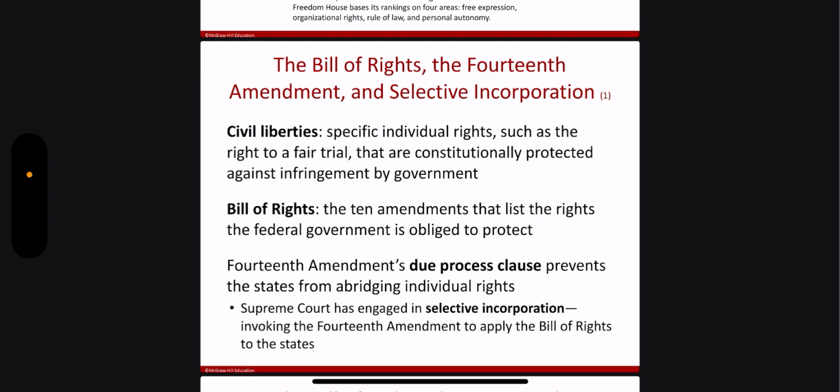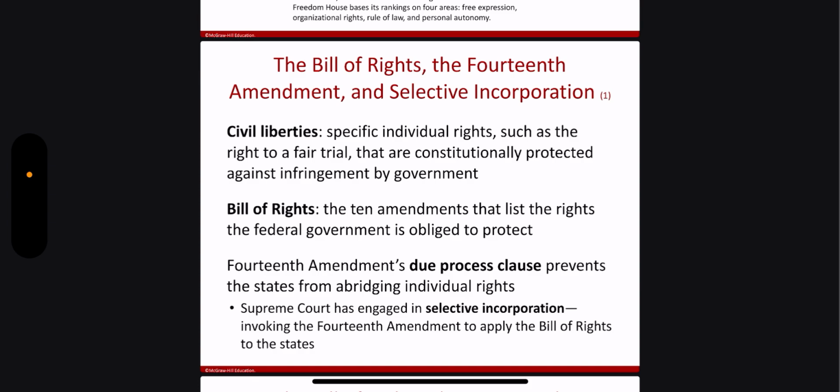And so the founders wanted to make sure that this new government, this new experiment in democracy, would have protections against that. And so civil liberties, again, are things that are guaranteed to every citizen and are constitutionally protected against infringement by the government. The government can't take these things away.